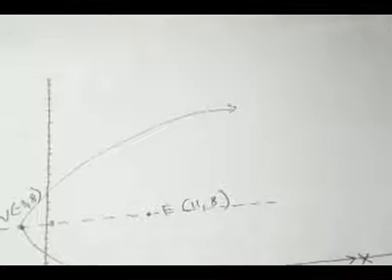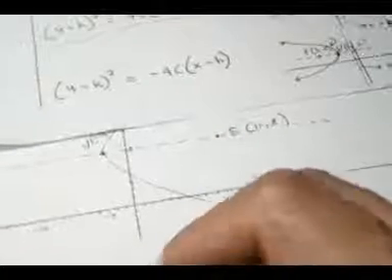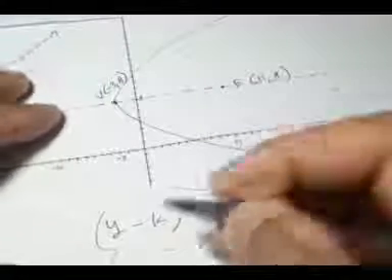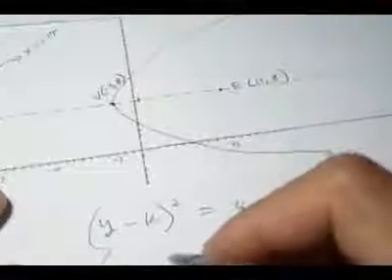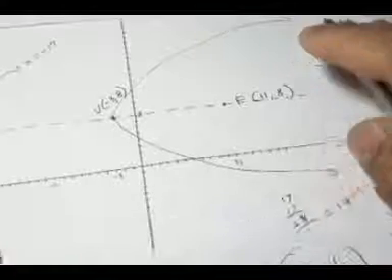So for the equation, take note, referring to our equations, open to the right has this type of equation. So our standard equation for this graph of a parabola is (y minus k) squared equals 4c times (x minus h). Okay, substitute the values. k is 8. 4, what is our c?